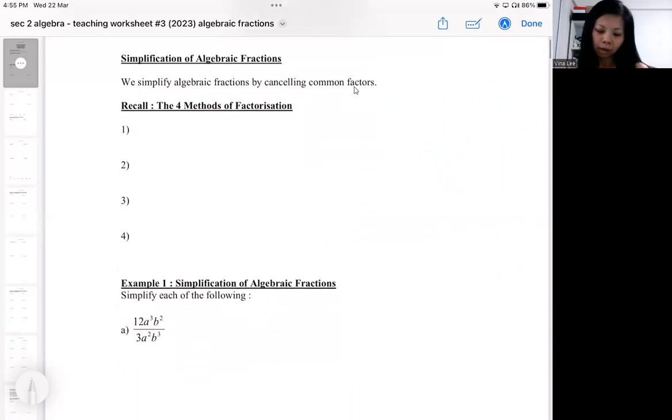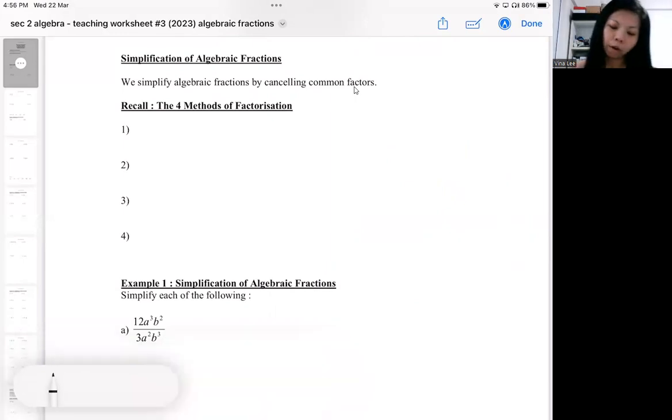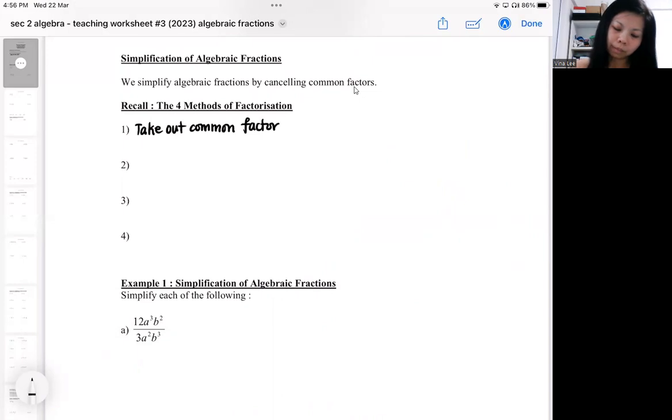Sometimes we cannot cancel because we don't have the multiplication, but if we use the method of factorization, it can lead you to multiplication status. So the 4 methods will be: take out common factor, grouping, cross factorize or the multiplication frame, or the identities.